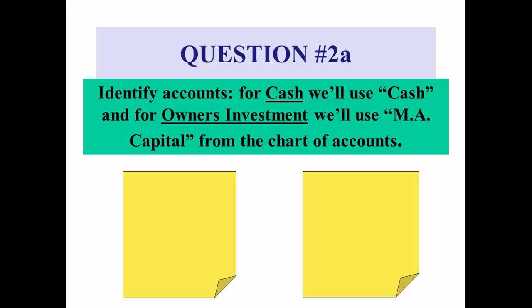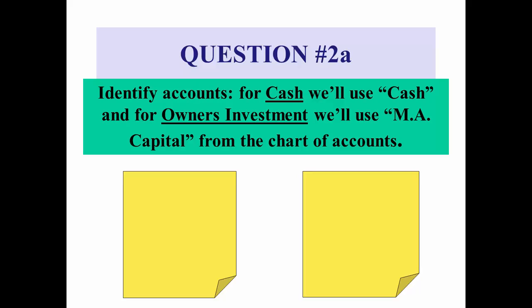Now, for question 2, we have to look at the chart of accounts and find an account that is for cash. Lo and behold, there's an account called cash. It's an asset, so we're going to use that.